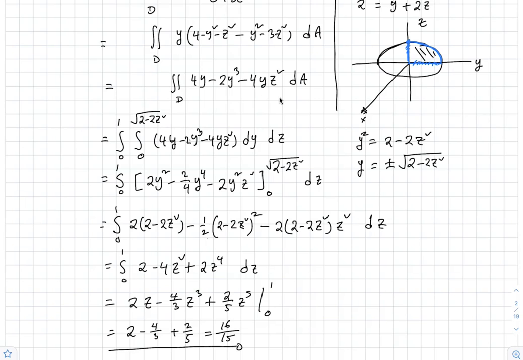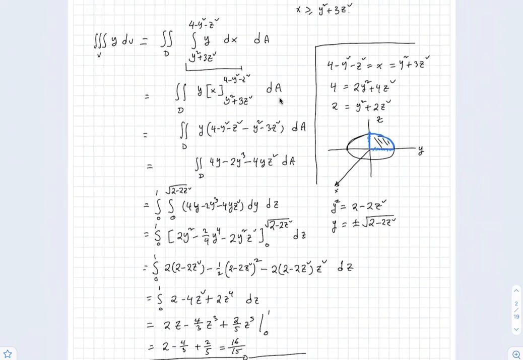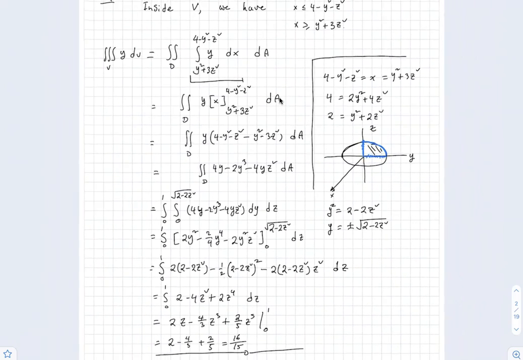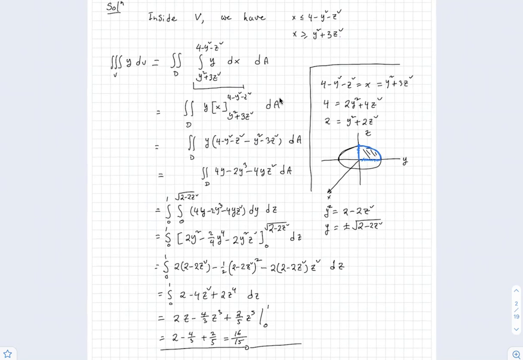Okay, so this example sets a nice criteria to understand how we solve a triple integral. And this is the example that I like the best, because this helps completely understand how we solve a triple integral.